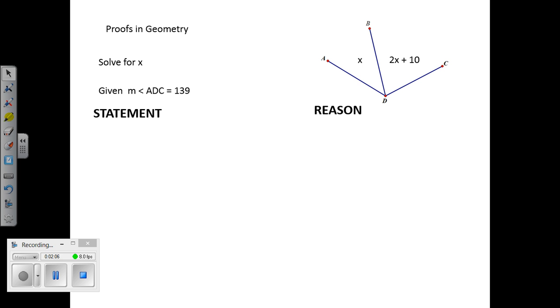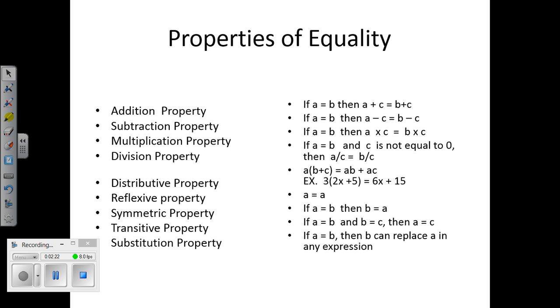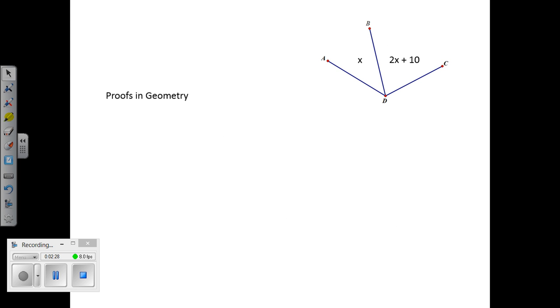So it's not doing anything that we hadn't done before. It's just that we have to account for every step along the way, and we have to support that with one of the reasons. Most likely the reasons are going to come from this list right here, or an additional list which includes some postulates or ideas from geometry definitions that we've already cited. So let's go forth with it.